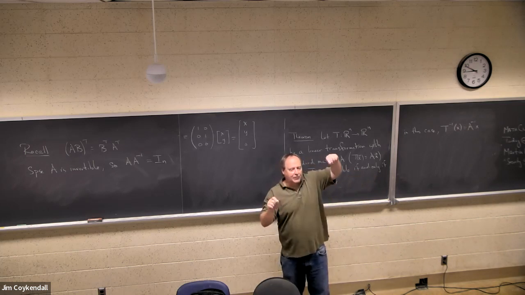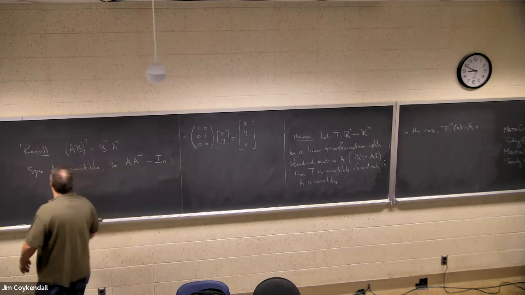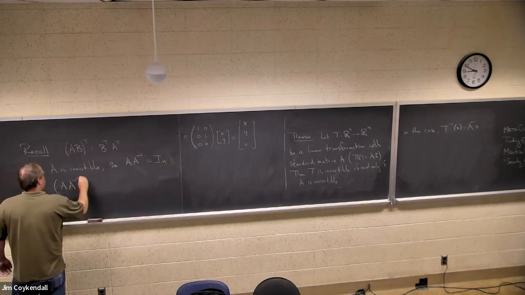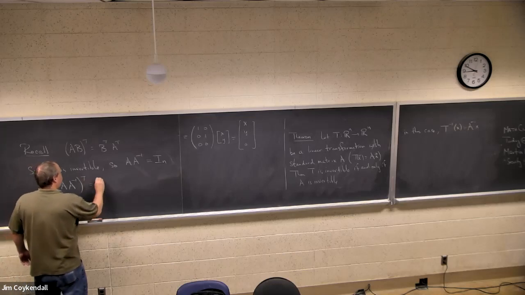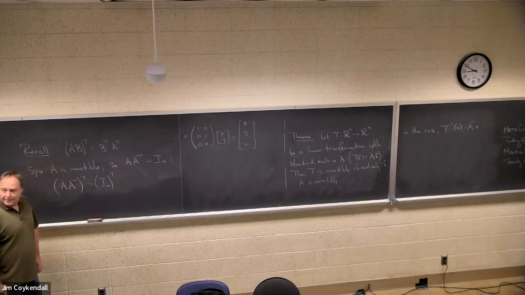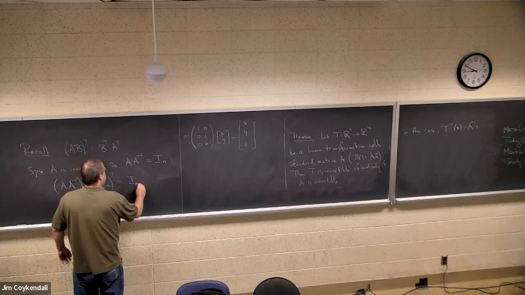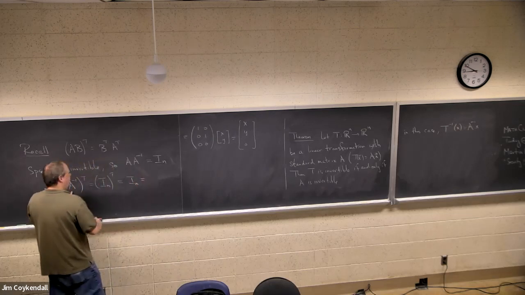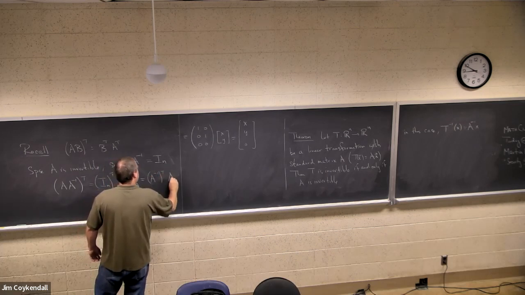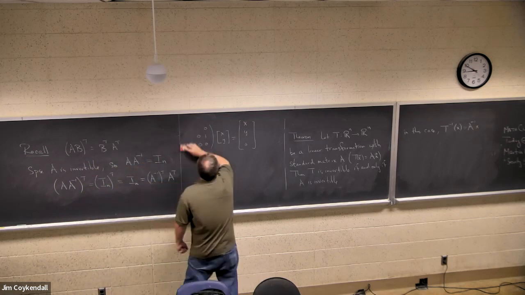Because you just get those ones down the diagonal and the zeros just flop back. So if you take (A A inverse) transpose, this is the identity transpose, but the identity transpose is the identity. And this is A inverse transpose times A transpose.